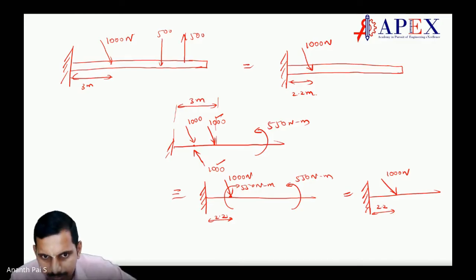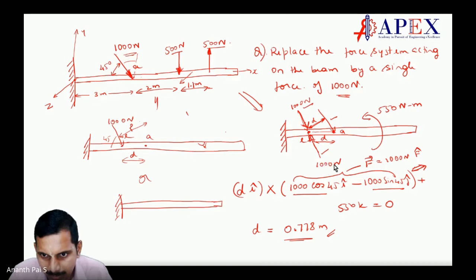Sir, for the previous one, when we did the couple, when we moved one force to another point using a couple, we introduced it at that point, right? Correct. So could you write the same for this? I'm not doing two different things. It's the same one here. Now what should happen? The equivalent couple should go to 0. So this is D here.